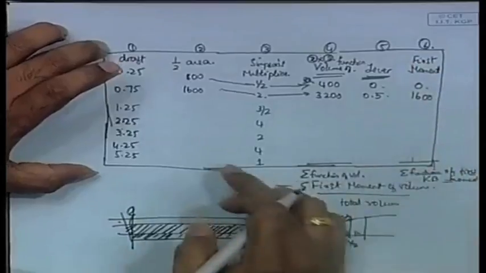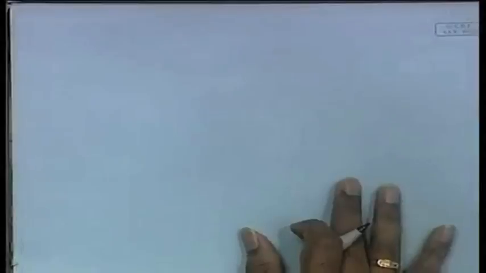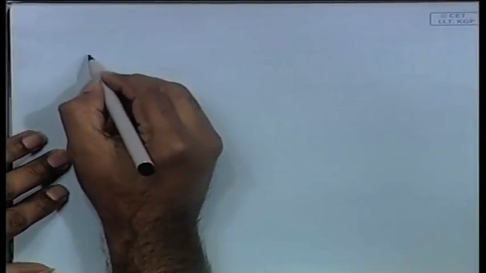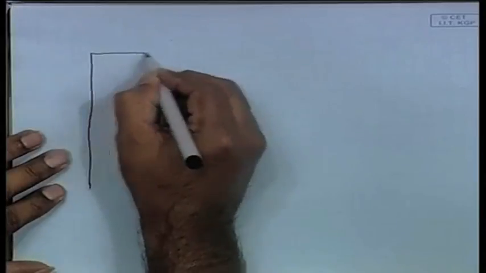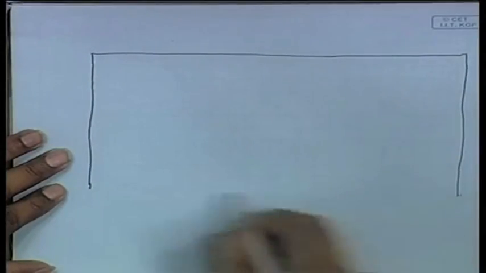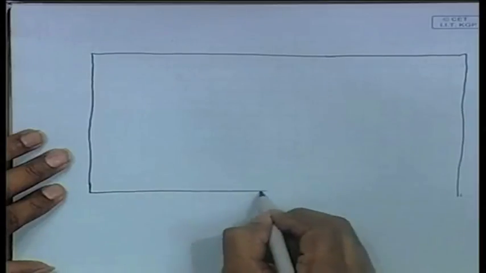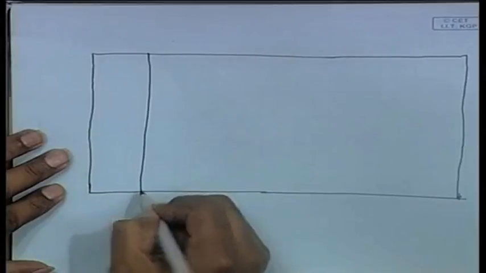So while making this table, this is the first. So I'll make the table again in a systematic fashion. Same table I am writing in a different fashion.